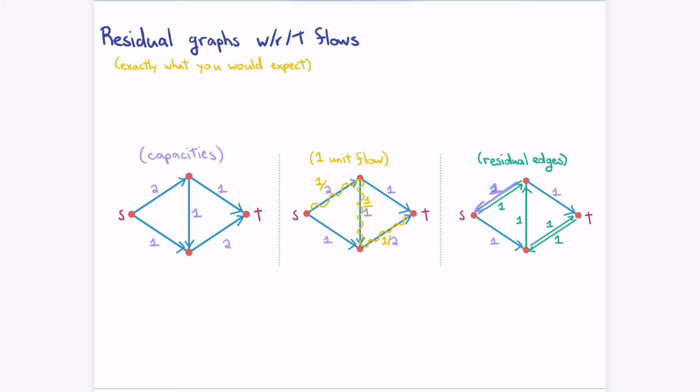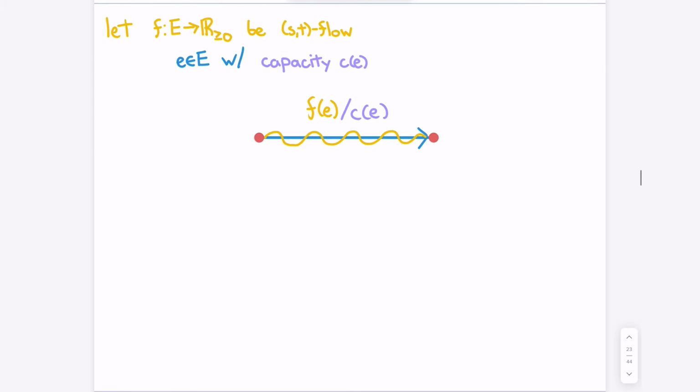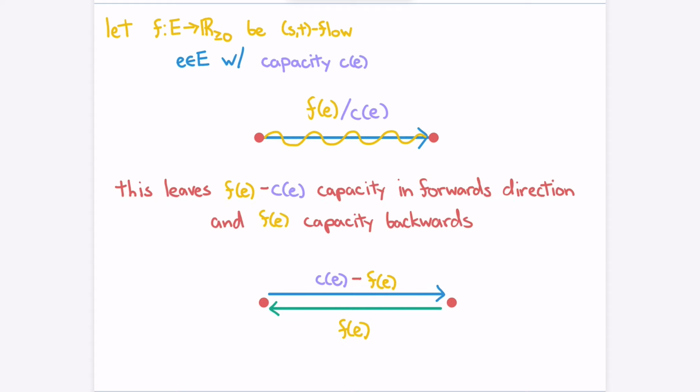Now, I guess there are more diagrams here. So again, this would be an edge. I'm sending some flow, and now I have the same capacity in the backwards direction. Or if there already was an existing edge in the backwards direction, let's say this was called E prime, then I would be adding to the capacity in the backwards direction.